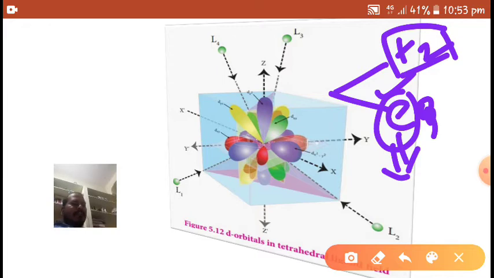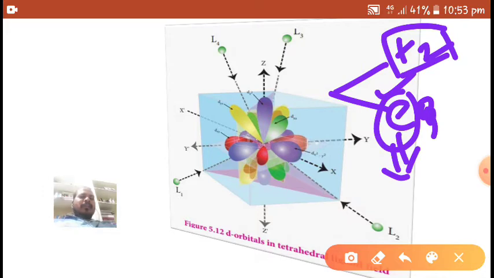So the first point we should keep in mind while understanding d orbital splitting in tetrahedral complexes is that ligands approach the metal ion between the axes.